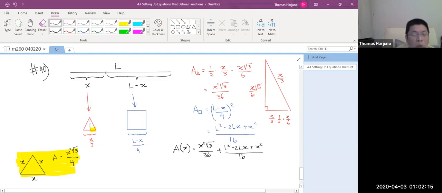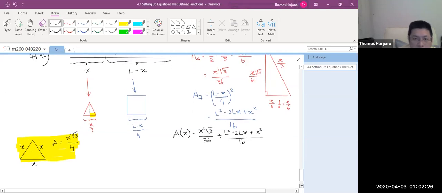Try to memorize this because it shows up a lot in our discussion, at least in this textbook. But it's actually quite a common question that shows up in other places.